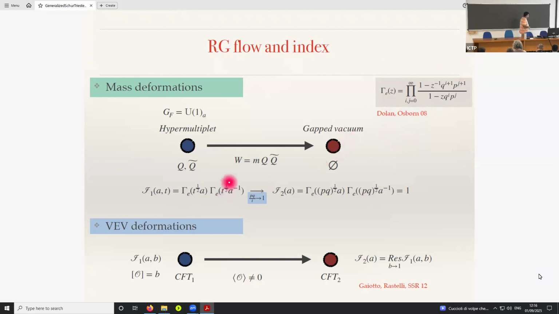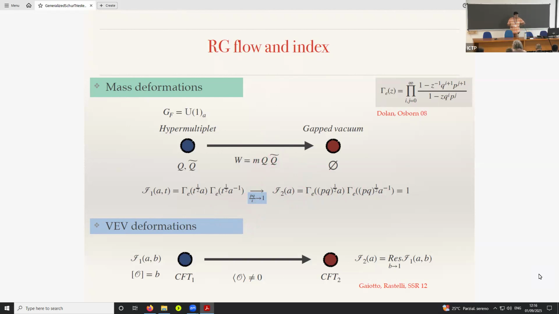So we take this theory and we want to deform it with a mass term. We know that if we deform the theory with a mass term, in the infrared the theory is gapped, trivial. So how does this happen in the index? In the index, the weight of the fields Q and Q tilde is t to the half. If we turn on a superpotential, then the weight of the superpotential is qp.